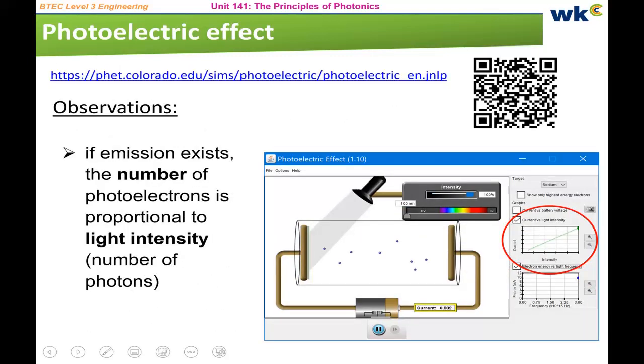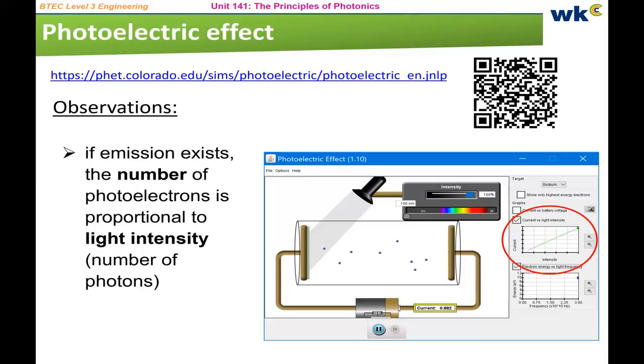Finally, the fourth and last observation we can make is that if light does have the minimum frequency threshold to allow electrons to be emitted from the metal, the number of electrons will be proportional to the light intensity. So more light means more electrons.